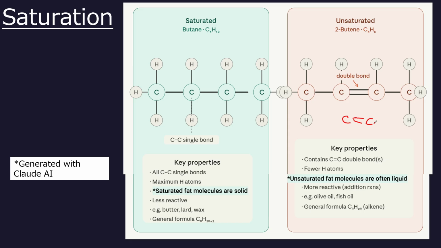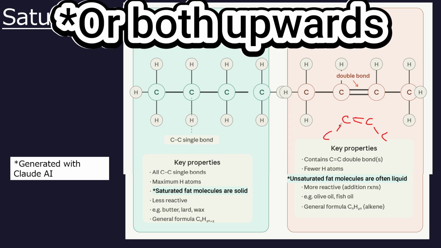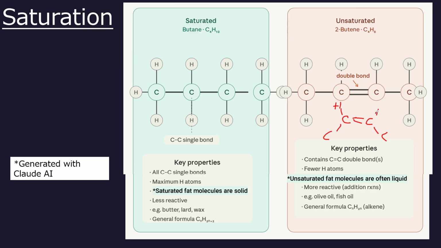When your chain continues downward in both directions, like I've drawn it here, that's cis, that's naturally occurring kind of unsaturated fats. But the trans version, which is normally only made in the laboratory, a man-made kind of creation, can happen when the chain continues on opposite sides of this double bond.